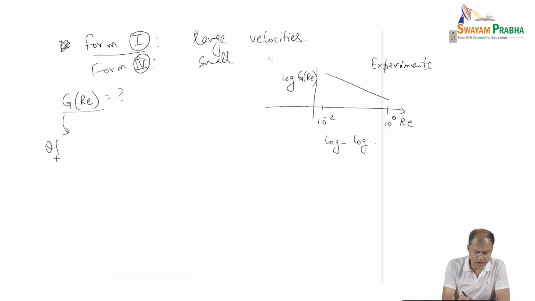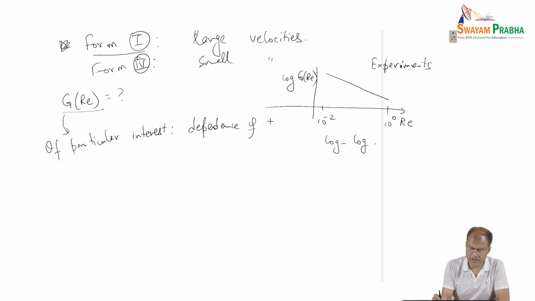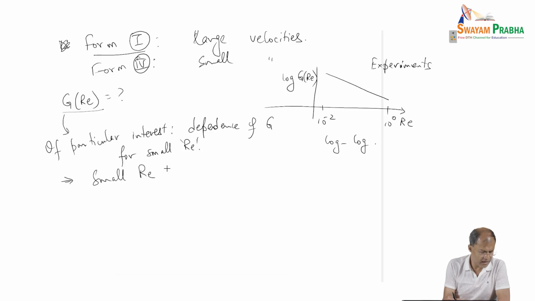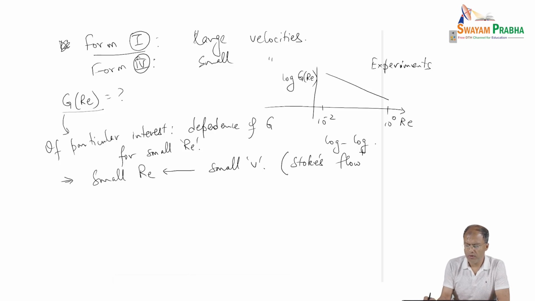Of particular interest is the dependence of g for small Re. Small Re implies small v, and we call this type of flow the so-called Stokes flow. From experiments, g is a decreasing function of Re on the log scale.